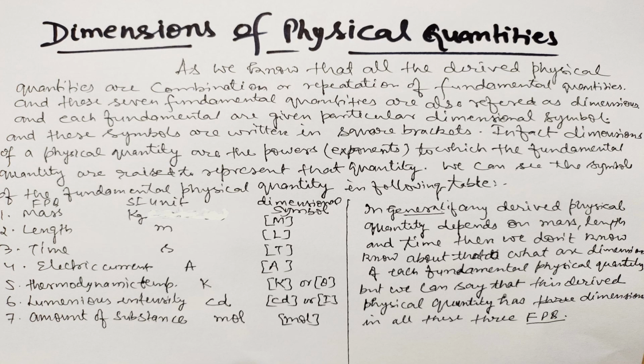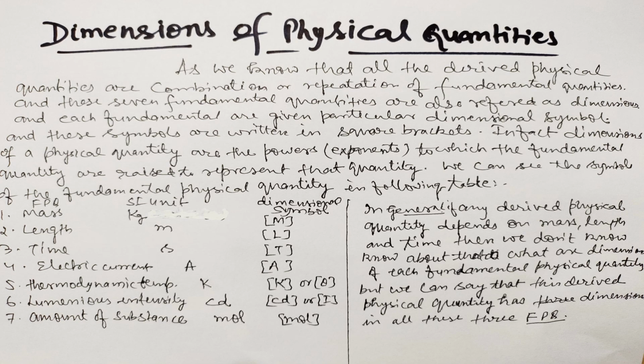So both are correct. And the luminous intensity has the SI unit candela, symbol cd, and the dimensional symbol is given in brackets, [cd], or the I is also there in the bracket.